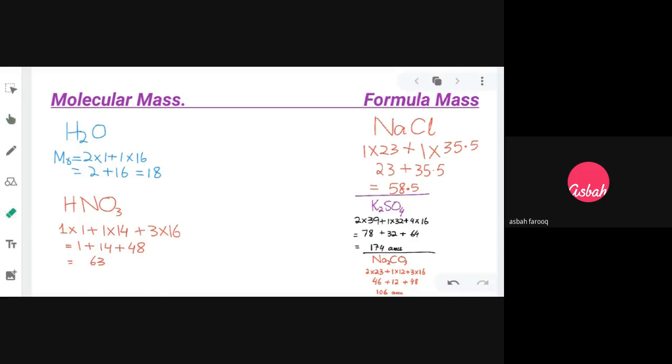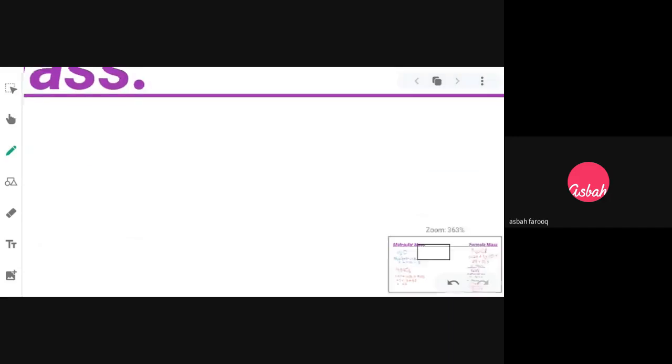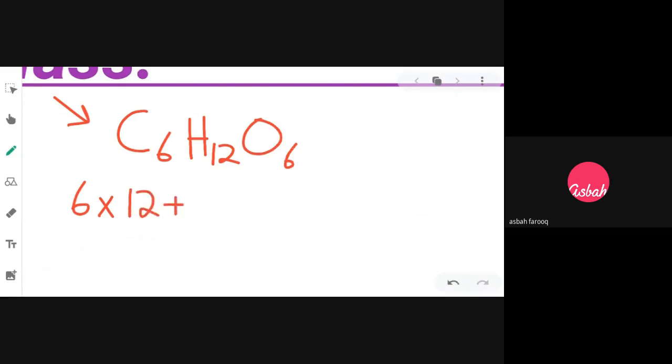For example, we can also find out the mass of sugar, or we can say glucose. Glucose has the formula C6H12O6. In this we have 6 carbon atoms, so I will write down 6 multiplied by 12. Here I have 12 hydrogen atoms, so I will write down 1 times 12, plus we have 6 oxygen atoms, so 6 times 16.